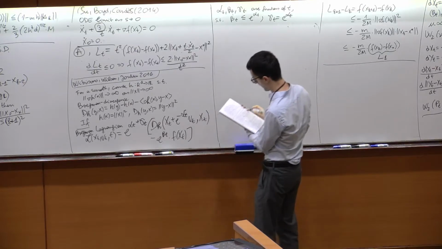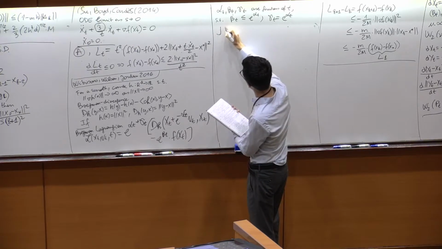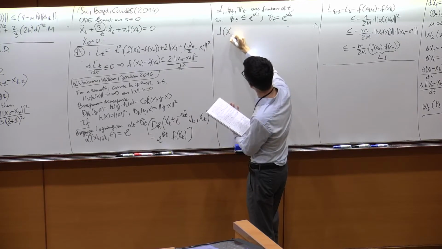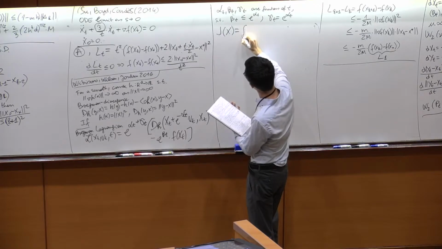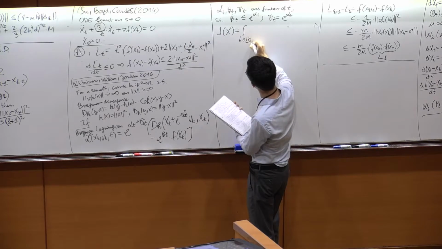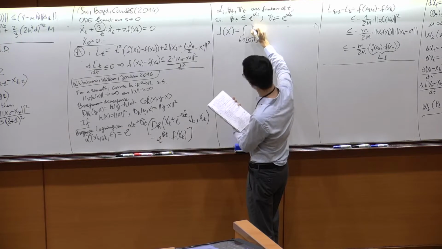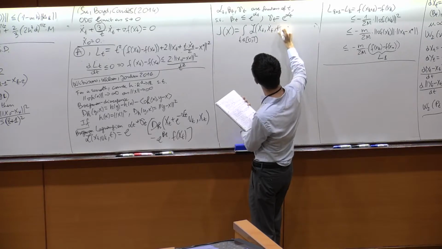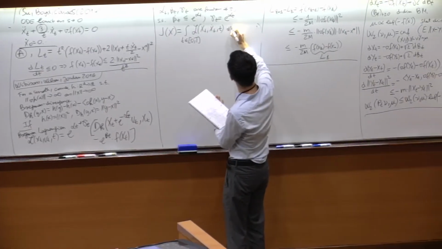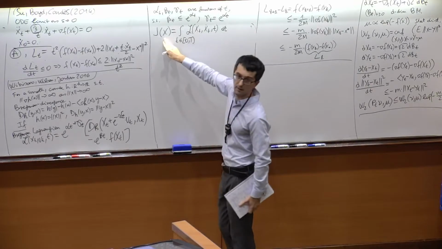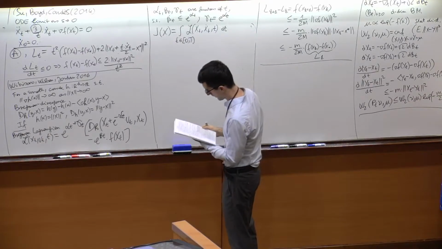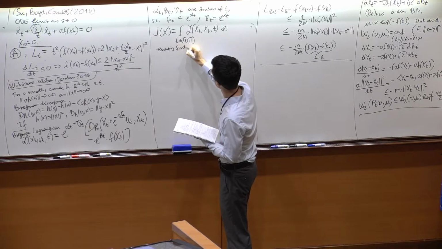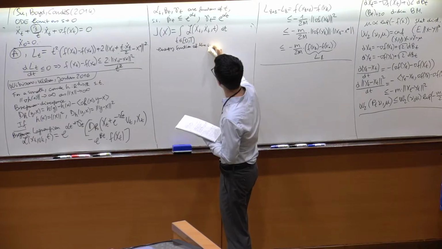All right, and then we define the energy function J(x) as the integral from time 0 to capital T of the Lagrangian. Okay? So this is a function of the whole path, and it's called the energy function of the path.